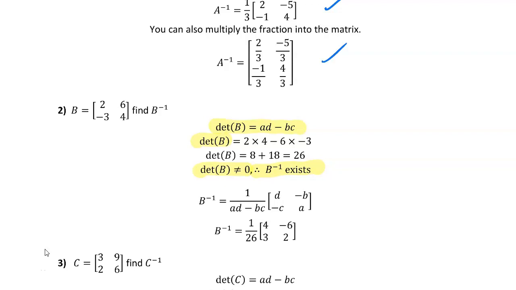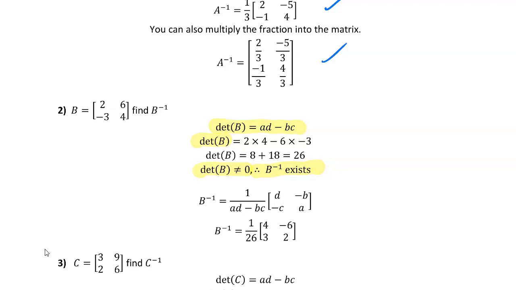Okay, so what's our inverse? Our inverse is 1 over that determinant, so 1 on 26, and then I look back at my original matrix and I look at the leading diagonal and I flip that. Then I look at the other diagonal and I times those numbers by negative 1. Now, I'm going to leave that fraction looking like that because 1 over 26 is a bit of a yucky fraction, so I'm just going to leave it like that.